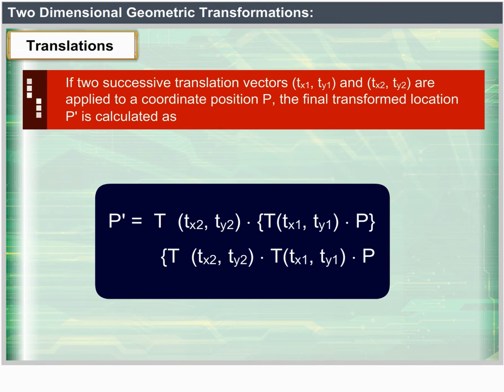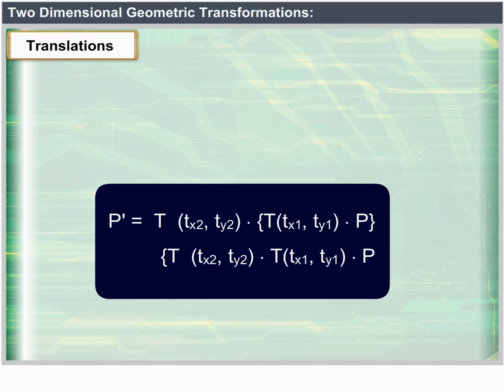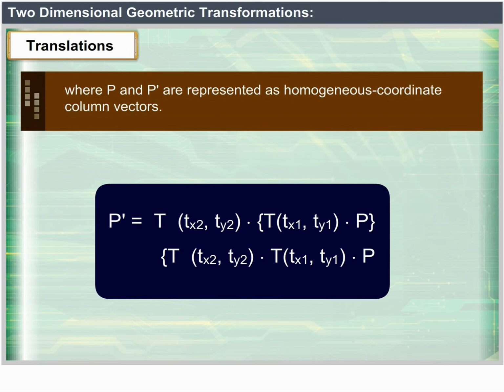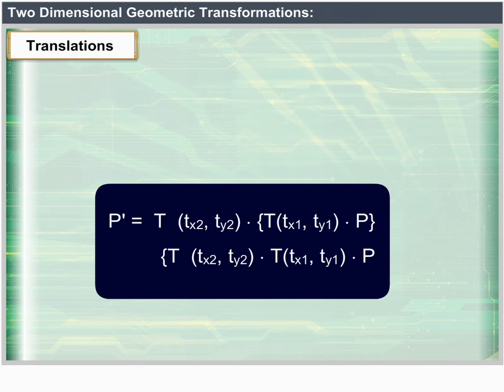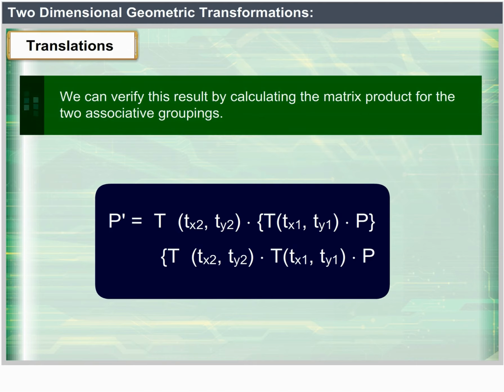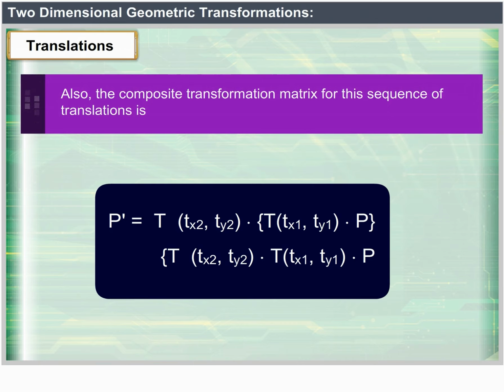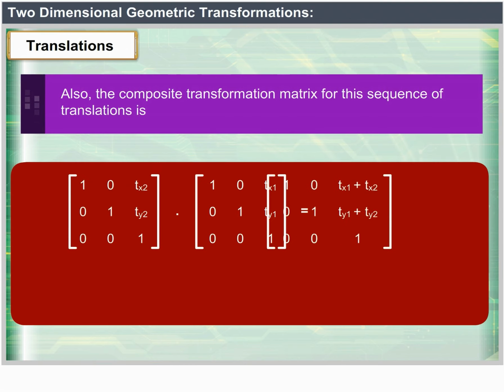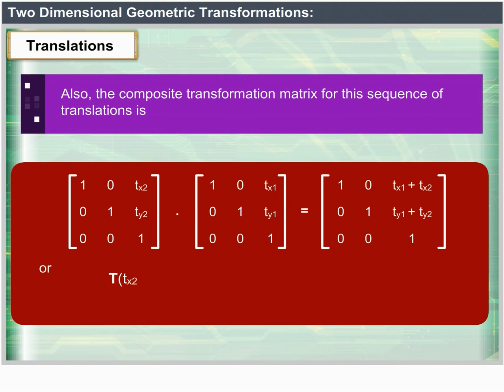We can verify this result by calculating the matrix product for the two associative groupings. Also, the composite transformation matrix for this sequence of translations is as shown here. Or it can be stated as T(tx2, ty2) times T(tx1, ty1) equals T(tx1 plus tx2, ty1 plus ty2), which demonstrates that two successive translations are additive.